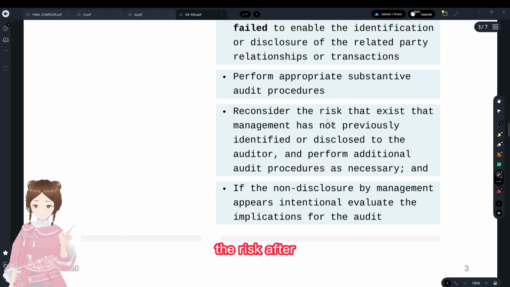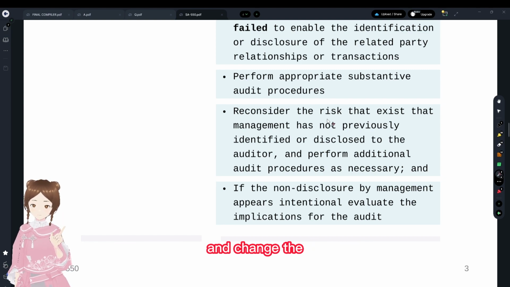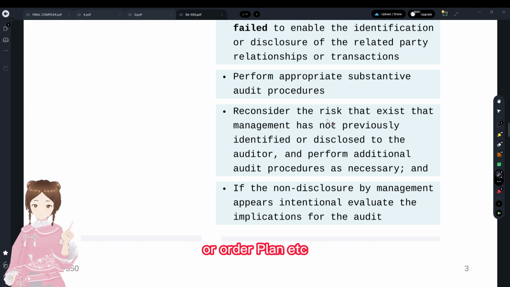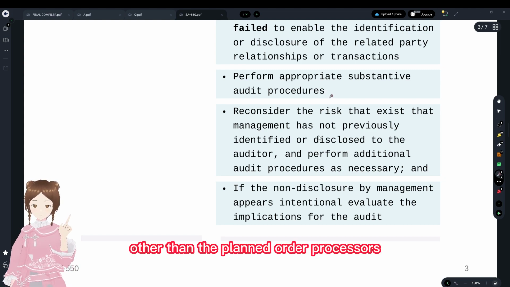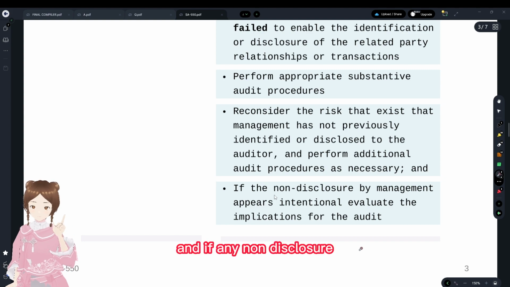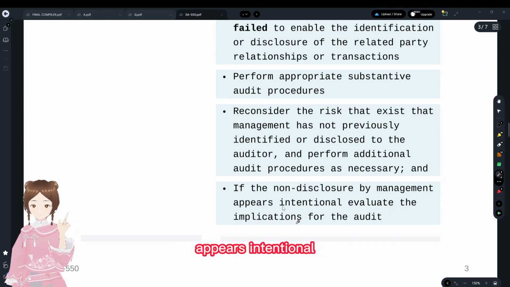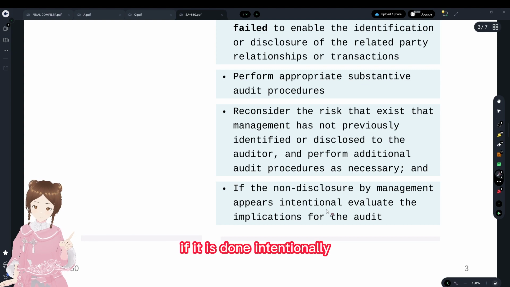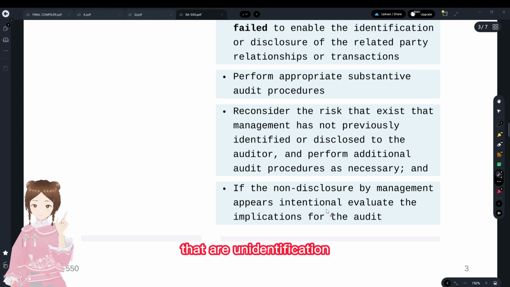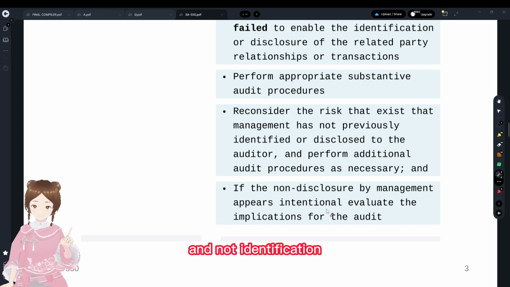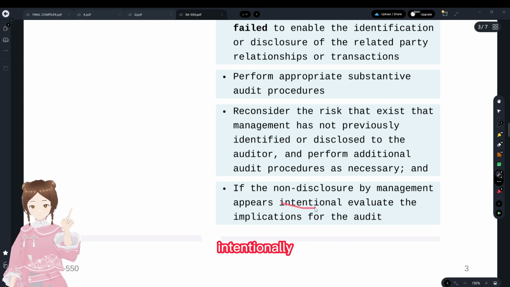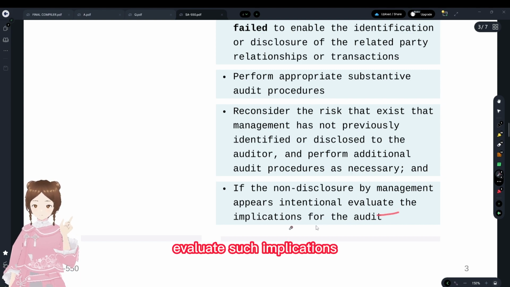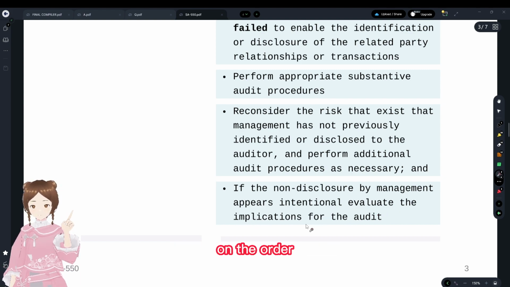the risk. After we have found new information, we have to change the overall audit strategy and the audit plan, the detailed audit plan, and perform additional audit procedures other than the planned audit procedures. And if any non-disclosure by the management appears intentional, that is, if the non-identification and non-disclosure was done intentionally by the management, then you have to evaluate the implications on the audit.